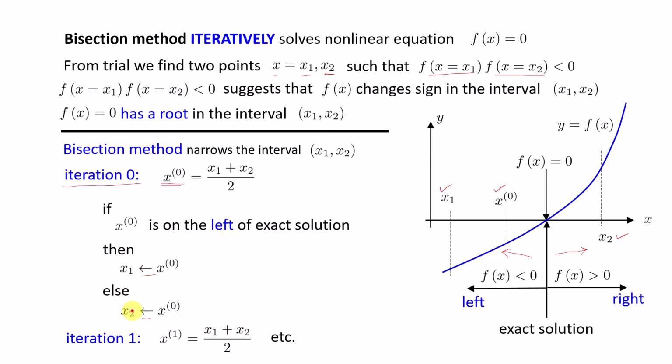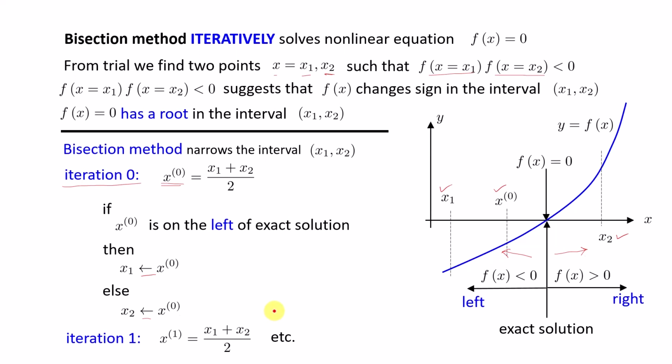Either x1 or x2 has changed. It has come closer to the root, either on the left side or on the right side. Therefore, this iteration 1 value of x, we hope that it will be closer toward this root. And this is how we keep on coming closer and closer toward the root.